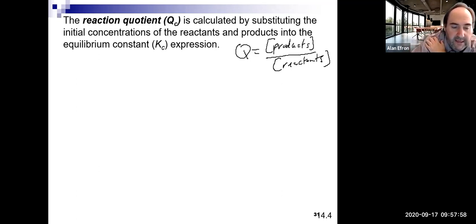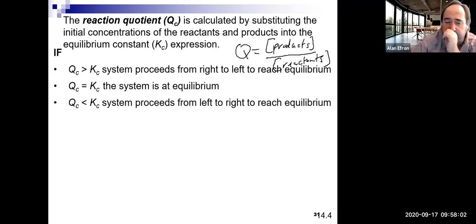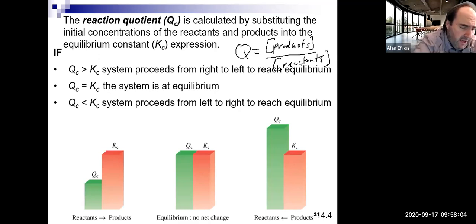The way we do that is we take the Q value and compare it to the K value. If we calculate Q and it is greater than Kc, what that first tells you is the system is not at equilibrium, and in order to reach equilibrium, it needs to go to the reactant side.